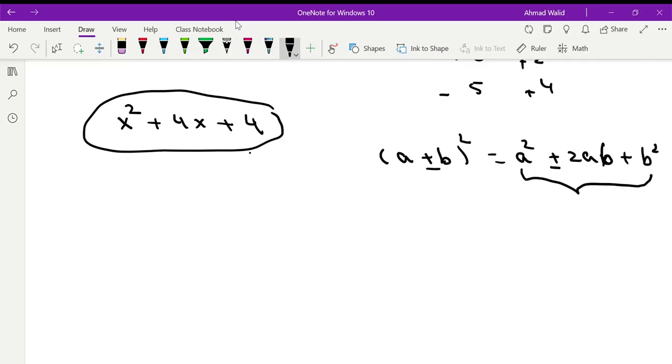If you take the square root of the first term, the square root of the last term, and multiply them and multiply by 2, it always gives you the middle term. Look, the square root of the first term is x, the square root of the last term is 2, and times another 2, it gives me 4x. How to factor these? Come this way.